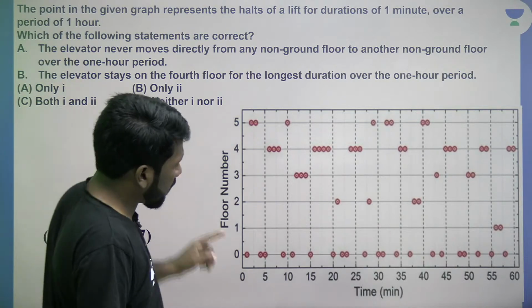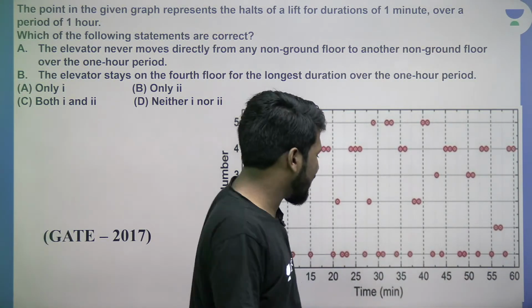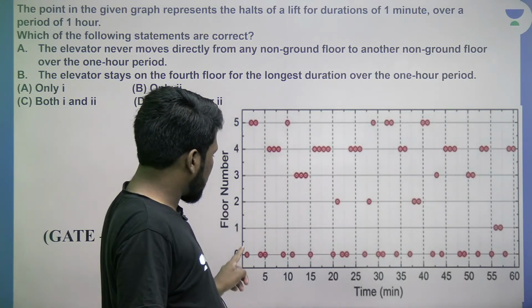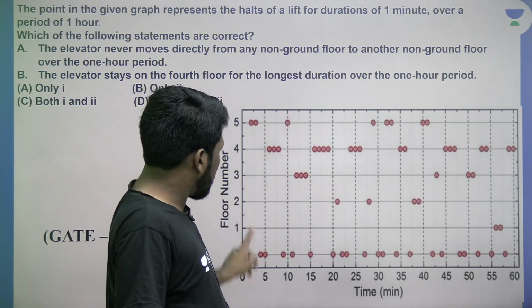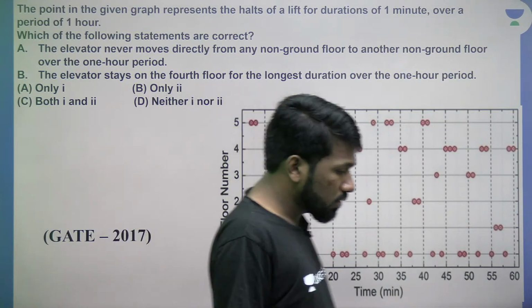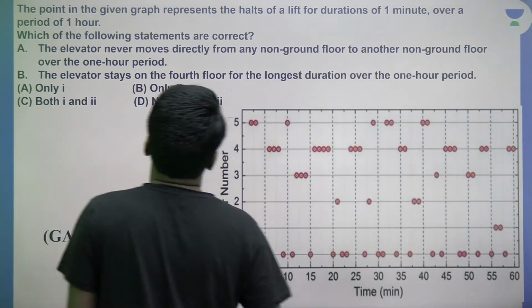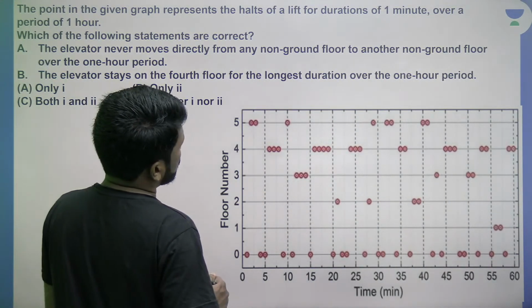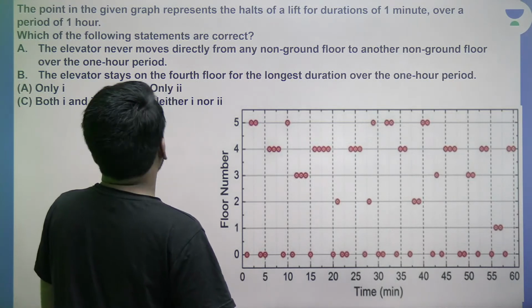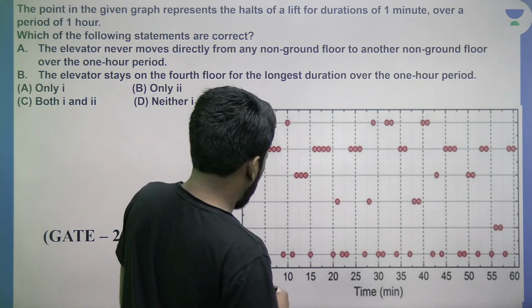Which of the following statements are correct? So period of 1 hour, 1 hour means 60 minutes. That time is represented in the x-axis. First minute where was the lift, second minute where was it, third minute where was it, up to the 60th minute. Okay, so the elevator never moves directly from a non-ground floor to another non-ground floor over the 1 hour period.